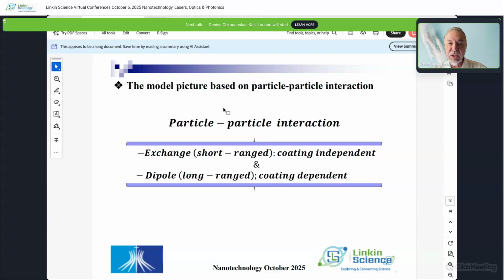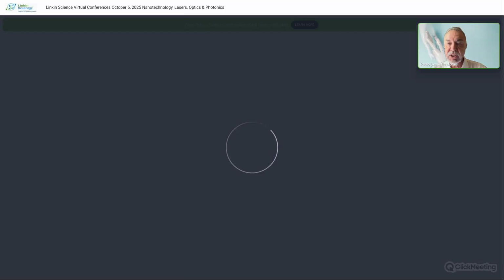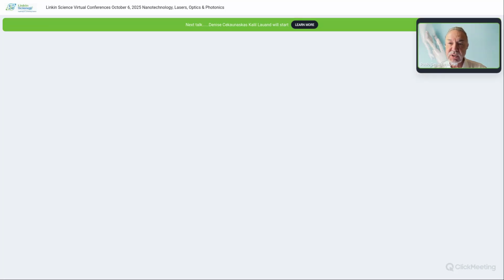One is the exchange interaction between neighboring nanoparticles. But exchange interaction is typically a very short range, limited to a very short distance, regardless of the coating thickness.